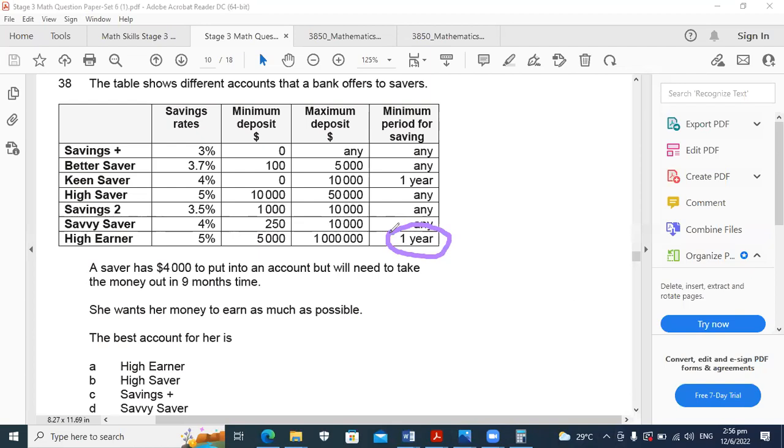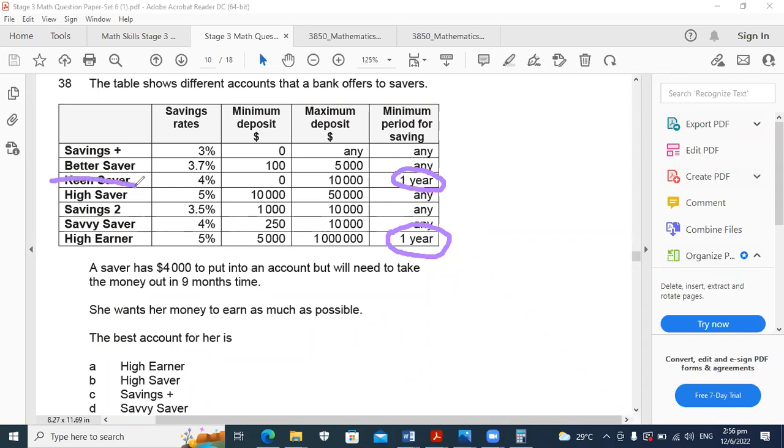So that one could have worked because she wanted it in 9 months' time. Right. So remember, you see the 1 year? The 1 year means you can't touch the money until after 1 year. You follow? Yes. So these two will come out.